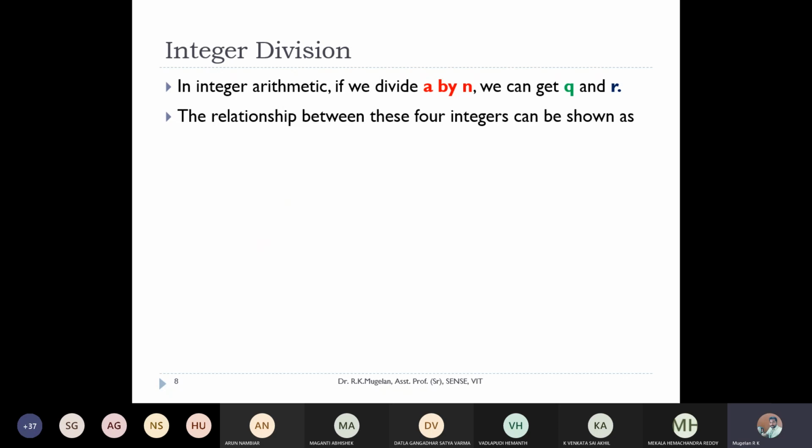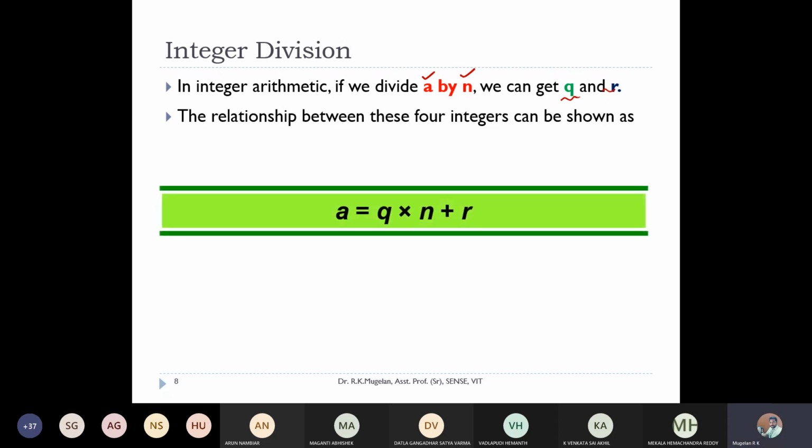Now we move on to integer division. Integer division means if I take any two integers, a and n, and divide a by n, we get two outputs called q and r, known as quotient and remainder. Mathematically, I can write a = q times n + r.